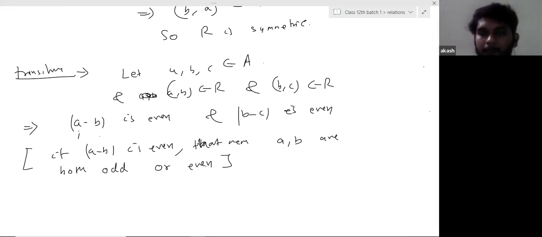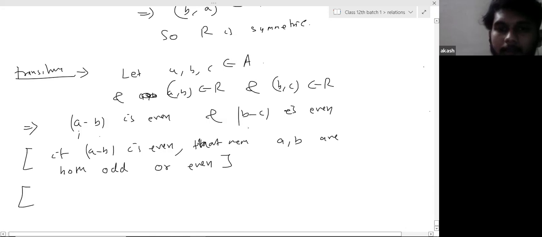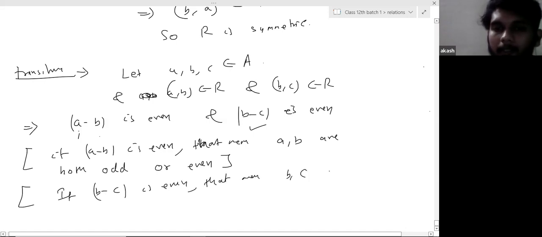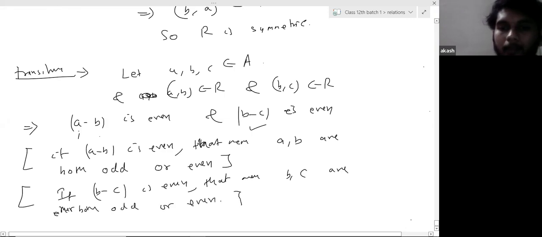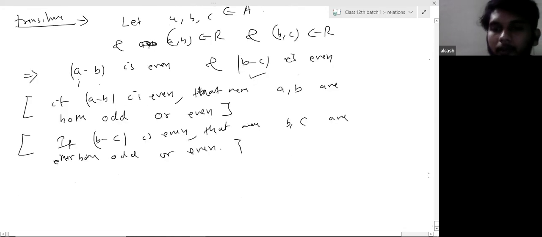Kulsum, this is clear? Yes, sir. So this we have to write for b and c also. If b minus c is even, that means b and c are either both odd or both even. Now we have to assume cases because we cannot solve for even and odd simultaneously.